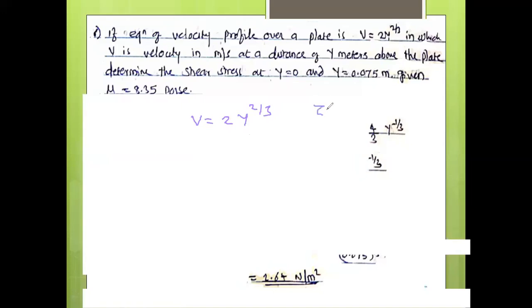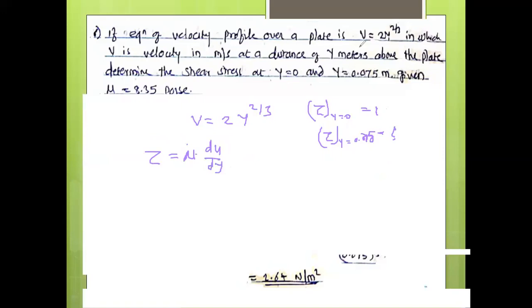Means we have to find out the value of tau at y equal to 0 and tau at y equal to 0.075. These two values we have to find out. So what is the equation to find out the value of tau? That is Newton's law of viscosity. Tau is equal to mu into du by dy.